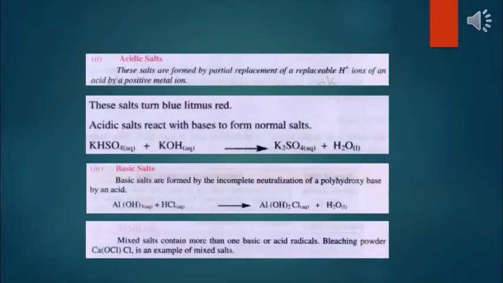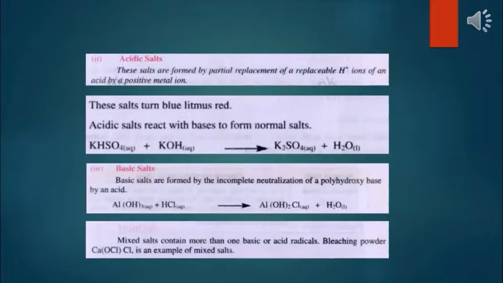Acidic salt. These salts are formed by the partial replacement of the replaceable hydrogen ions of an acid by a positive metal ion. Here they have given you an example of sulphuric acid, which when reacted with potassium hydroxide produces potassium hydrogen sulfate as well as water. These acidic salts turn blue litmus paper red. Basic salt.